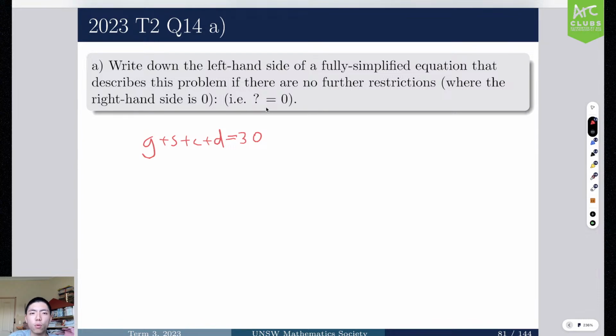So if the question requires us to have something equal to 0 on the right-hand side, then we need to rearrange this equation, and we get this. The input for this question would have been just this part that I'm going to circle, because the right-hand side equals 0 was already given to you. So all you needed to do was just to type out this.